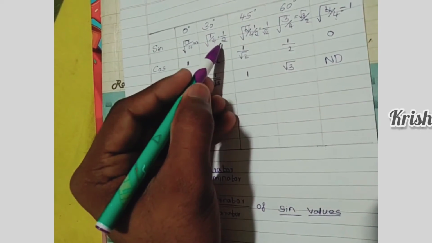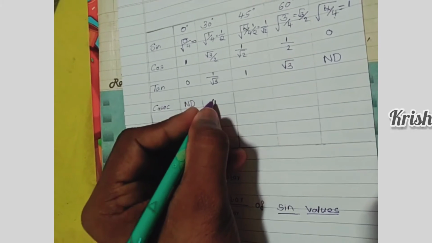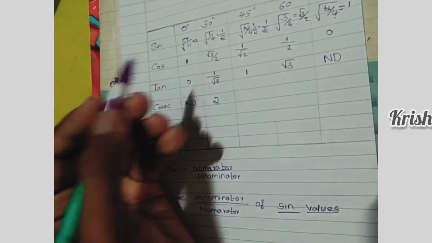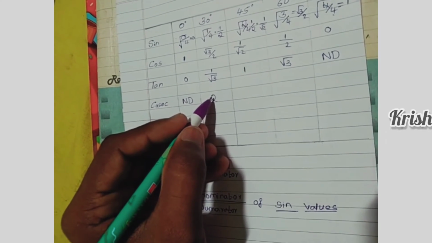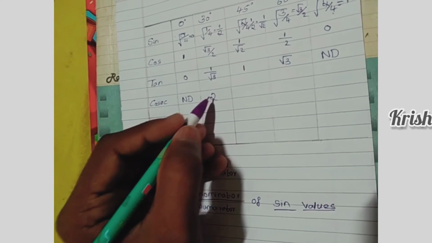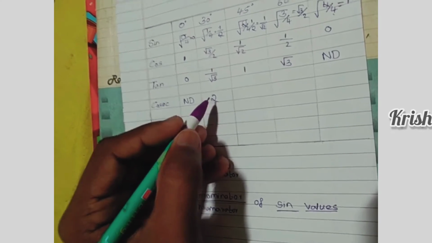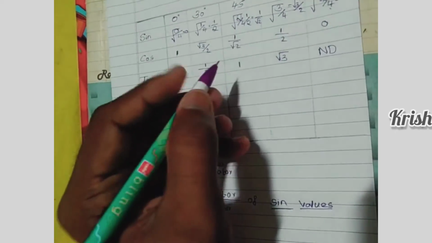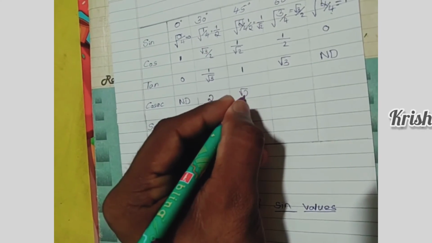Here 1 by 2, right? The denominator is 2 and the numerator is 1, hence I write denominator by numerator, so 2 by 1 is 2. Sine 45 degree is 1 by root 2, just write root 2.